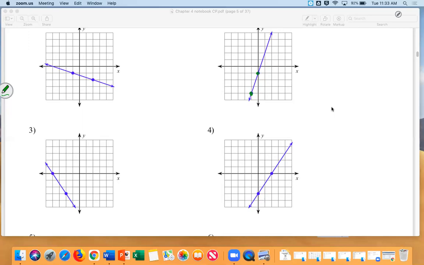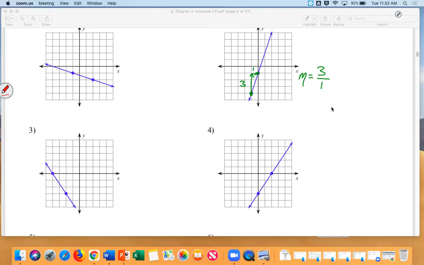And that's where we want to go? How many blocks up? 3. And how many to the right? 1. There you go. So our slope is 3/1.